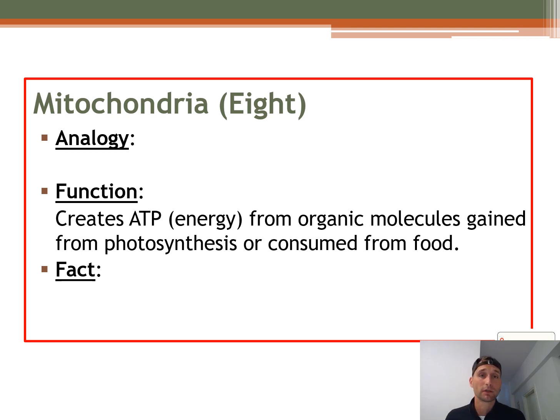Plant cells have mitochondria too, and that's something a lot of students get confused very easily. So plant cells also have mitochondria. They need ATP as well, and this is the only organelle that can make it. Plant cells just use carbohydrates that they made from photosynthesis, not from food that they ate.